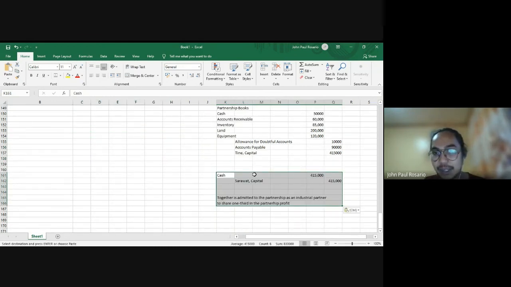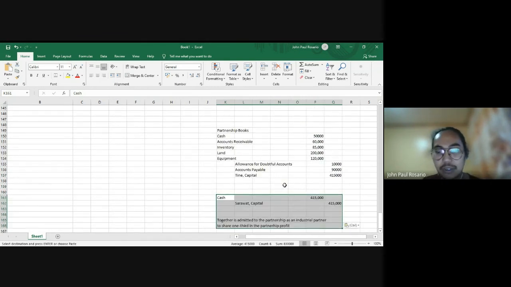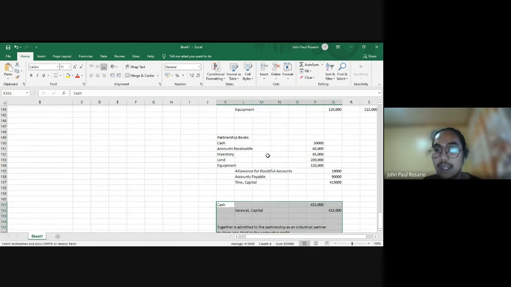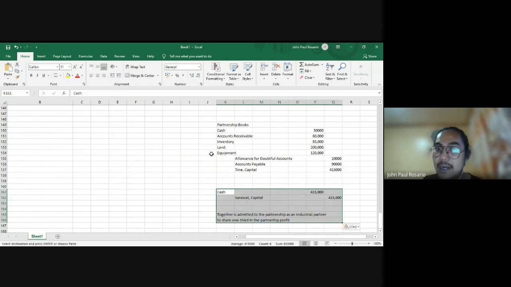Okay, so but alternatively, guys, before we go to the alternative solution, alternative journal entry for this set of entries, if you can see, ang madugang lang nga entry would be ang closing entry sa books ni Time o ang pag-record sa investment ni Time, which is siya ang sole proprietor. Okay, nga gi-close ang books tas gibalhin tas nag-open na ng partnership books.